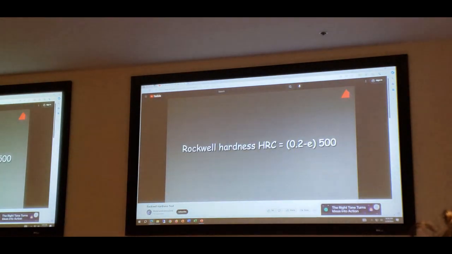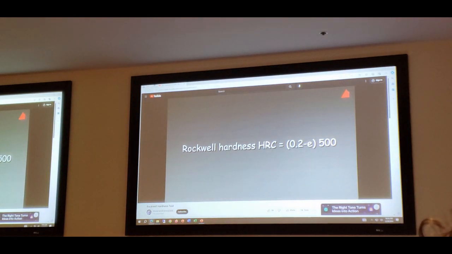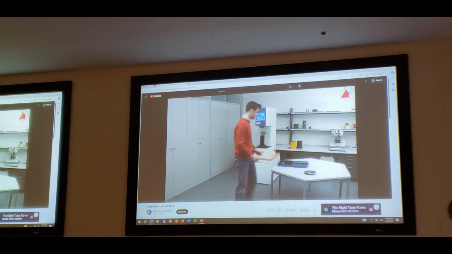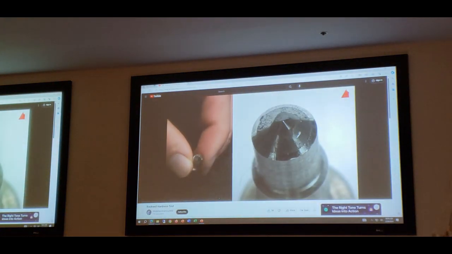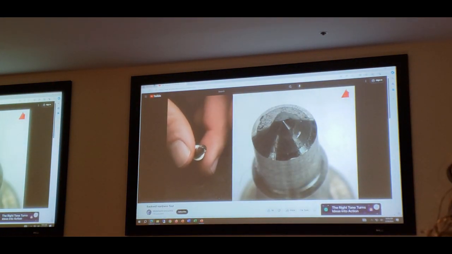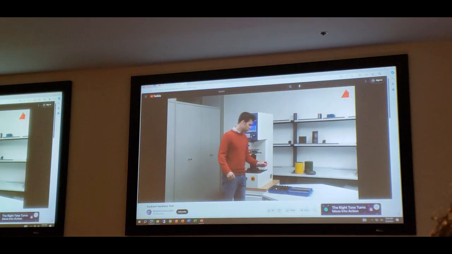This is how the Rockwell hardness is calculated. Rockwell hardness HRC is equal to (0.2 minus permanent depth of indentation E in millimeters) times 500. Let's take a look at how the test is carried out in practice. The tester selects the conical diamond indenter and installs it in the testing machine.